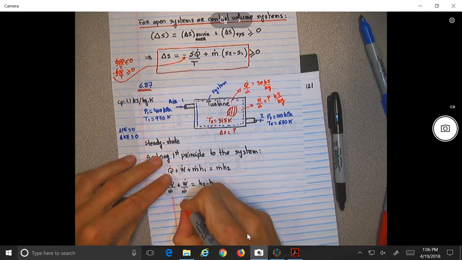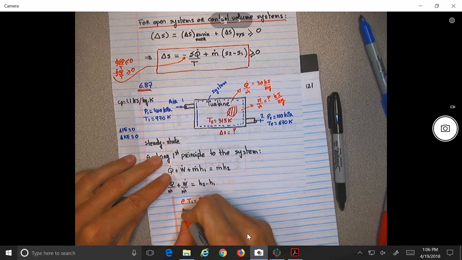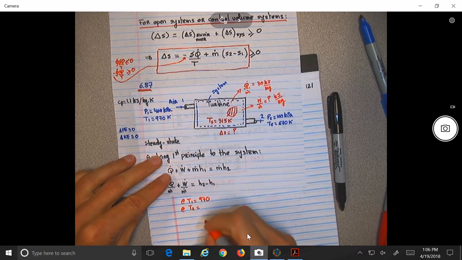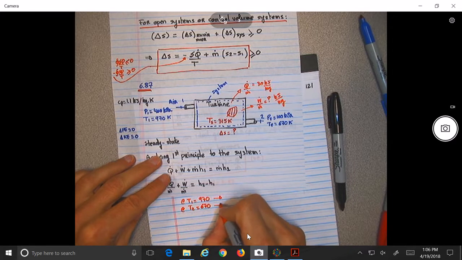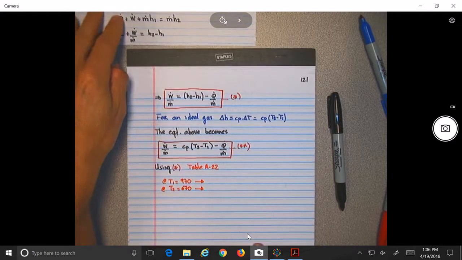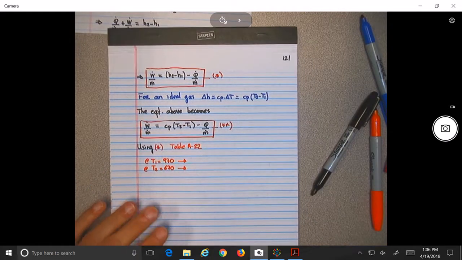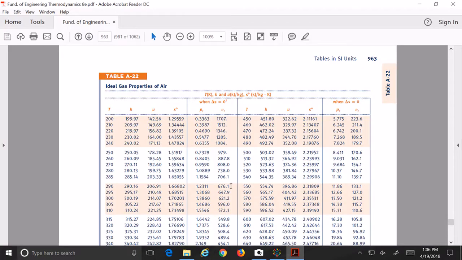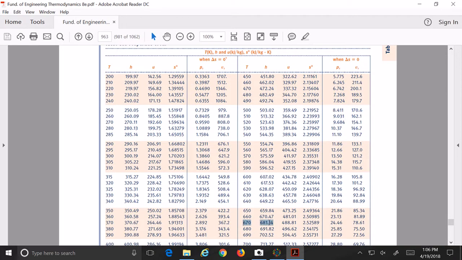T1 is 970, and T2 is 670. So let's see, 670 right here.